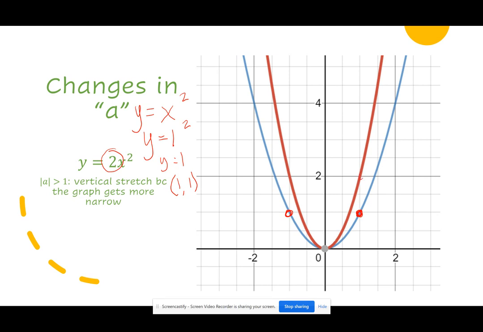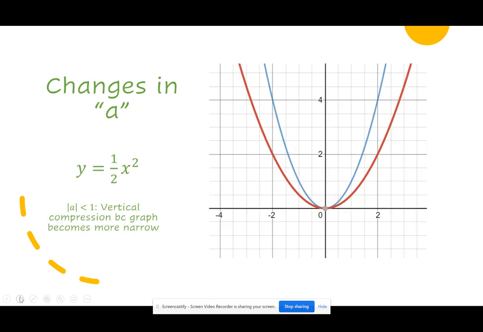So we get 1, 2 and negative 1, 2. Like if you automatically know that when we plug in 2, we would get 4 because it's just 2 squared. So instead here, when we go over to 2, it would be up to 8 instead of 4. So you're multiplying what you would normally get by 2, or by whatever number's in front.